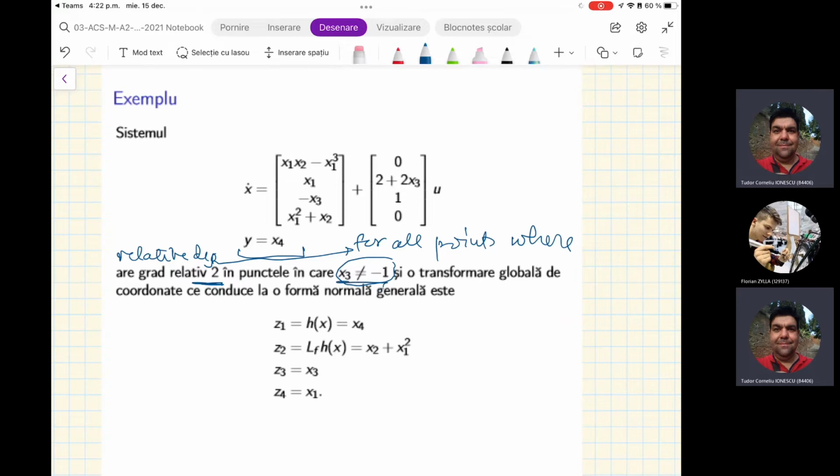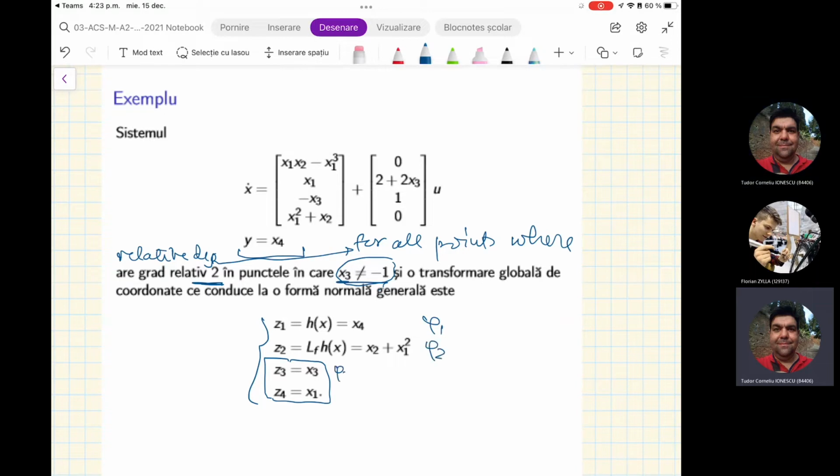The global coordinate change that takes us to the general normal form is this one. Z1 is hx, Z2 is LF hx. Note that this has relative degree 2. Then phi 3 and phi 4 can be any choices; there is no particular choice.